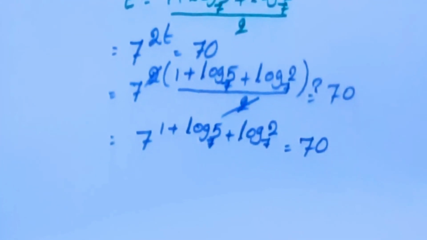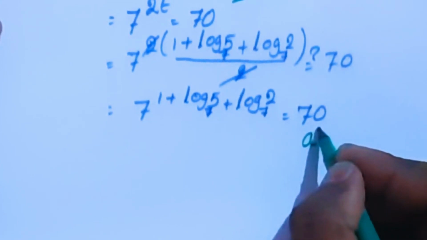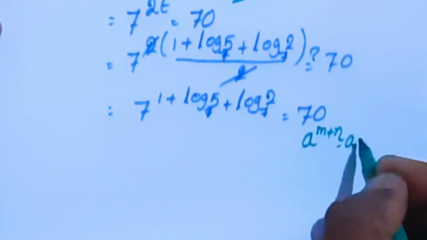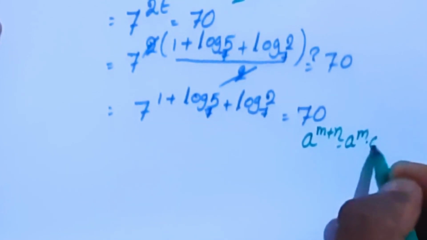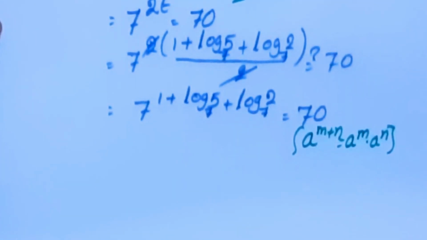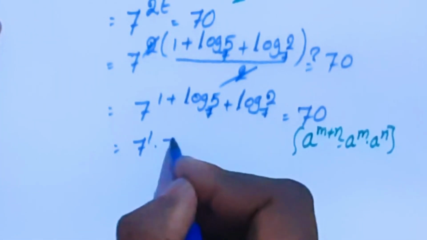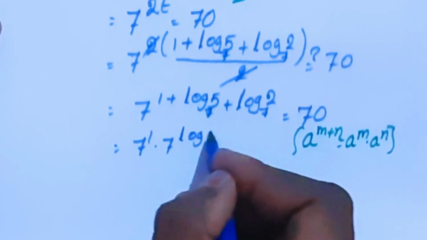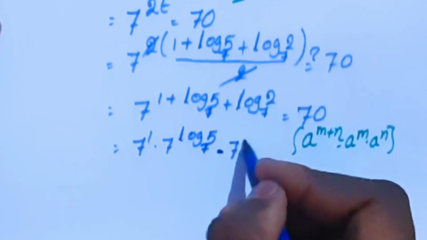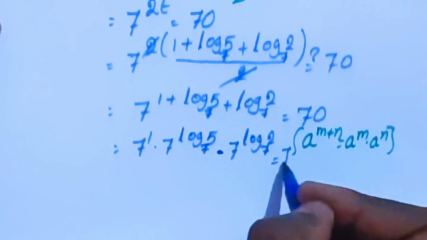Now we are going to apply the exponent identity that a^(m+n) equals a^m times a^n. This we are going to apply here. So 7^1 times 7^(log 5 base 7) times 7^(log 2 base 7) equals 70.